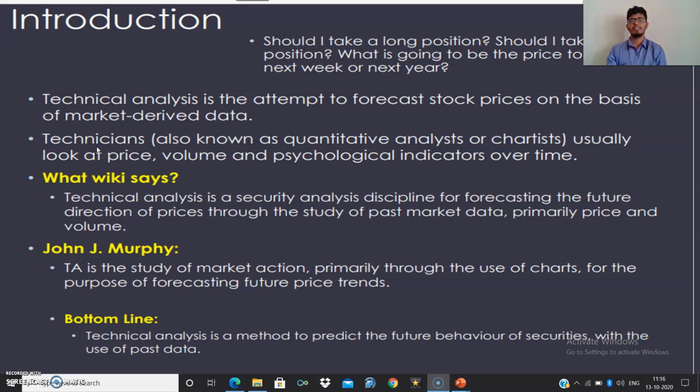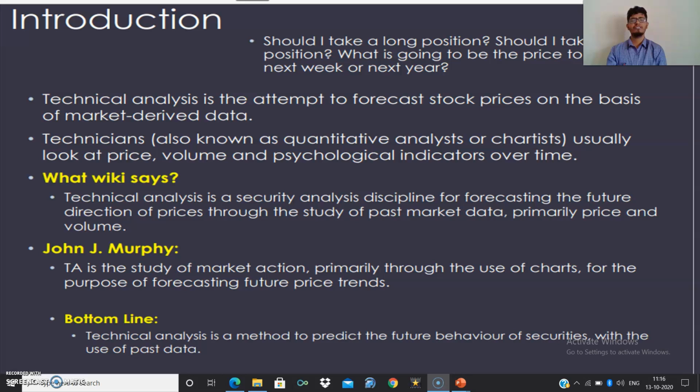Technical analysis is the attempt to forecast stock prices on the basis of market derived data. The market will give you some information, and on the basis of the market derived data, you are going to analyze the market. Technicians are also known as quantitative analysts or chartists. Here the use of management science and statistics will come.